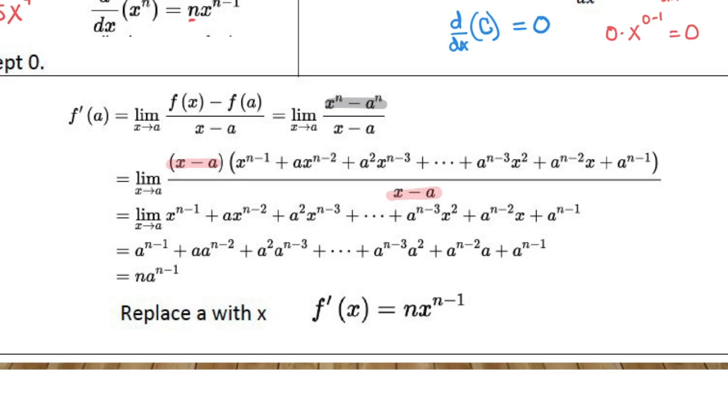Now, if we were then to substitute x goes to a for each one of our functions, notice what's happening here. All of these values are going to be multiplied out, and when you're finished, you would be left with n times x to the n minus 1.